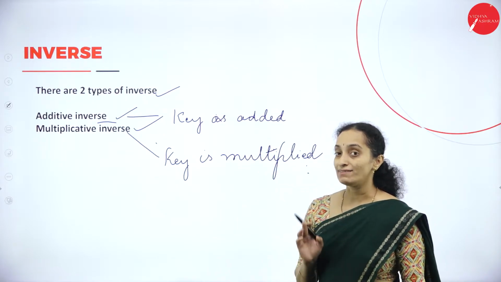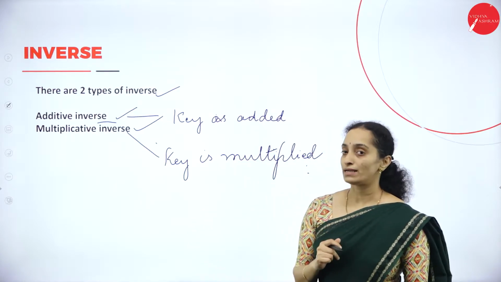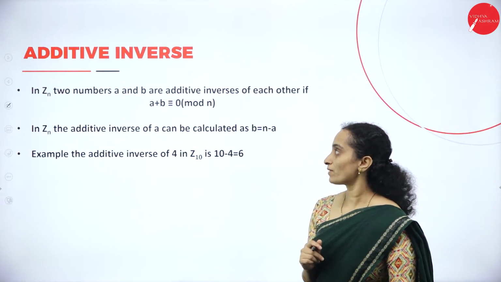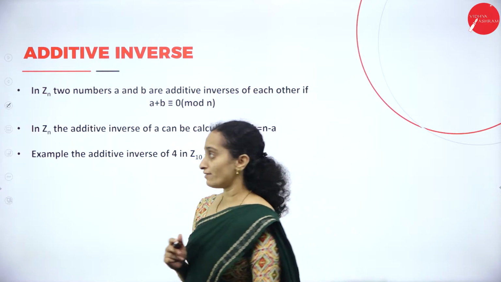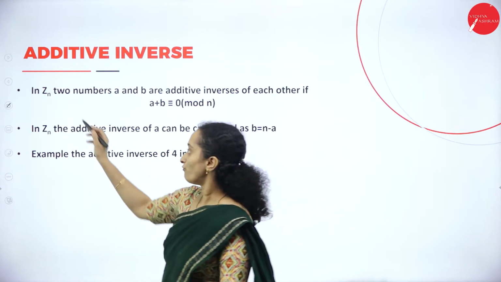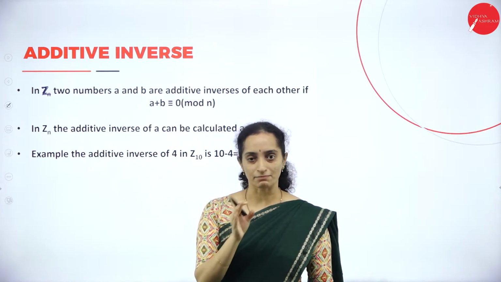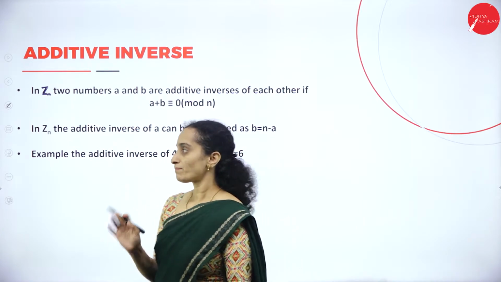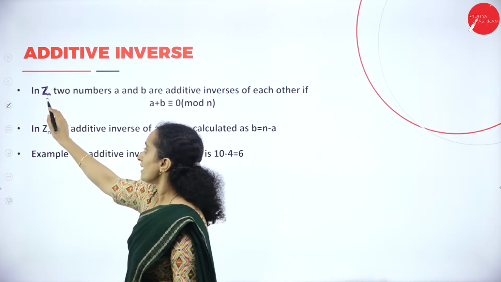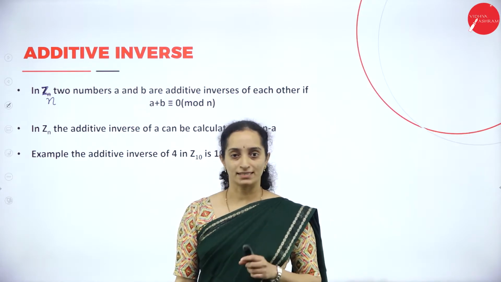Alright, let's have a look at how to generate an additive inverse and multiplicative inverse. How do you generate additive inverses? You take a system of a message that is Z. N is the number of characters in the domain of the message.